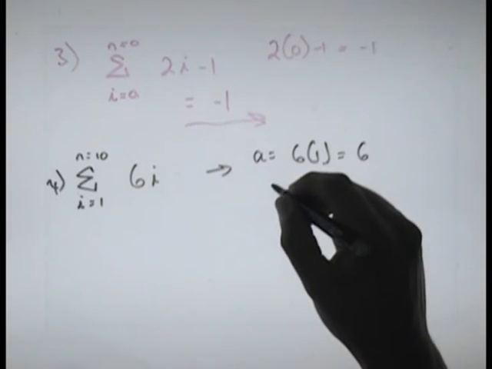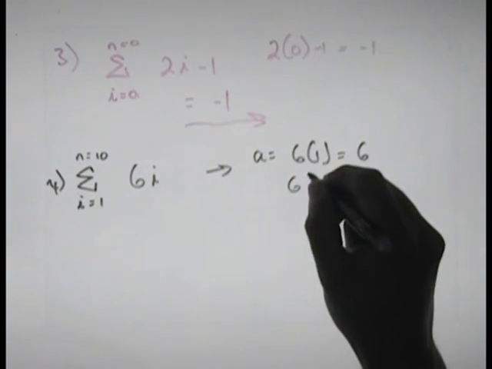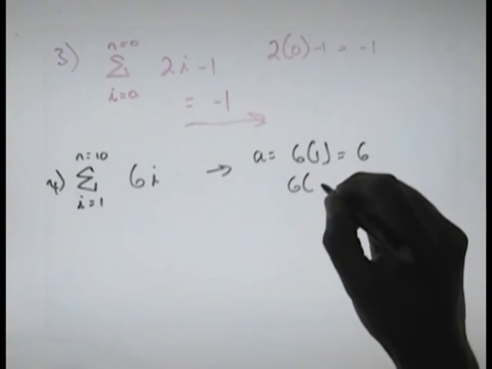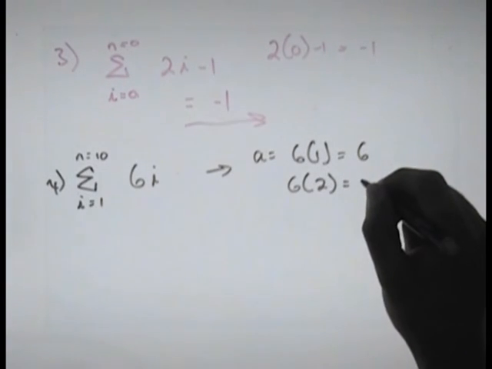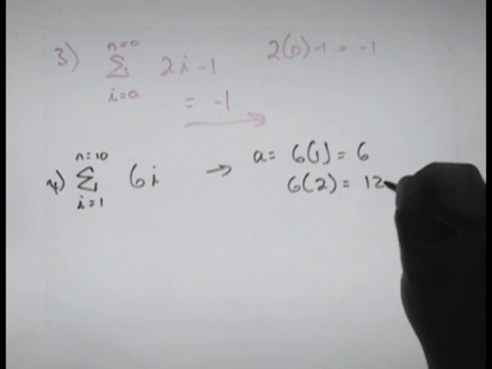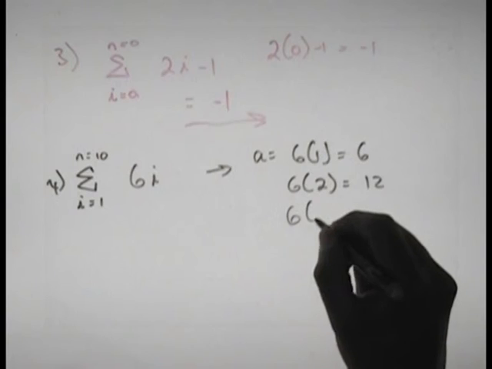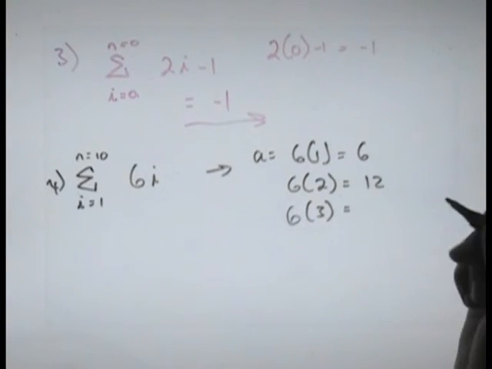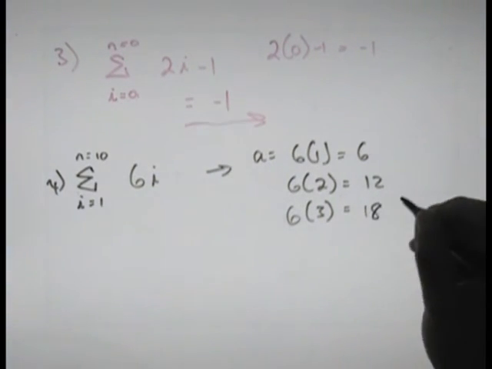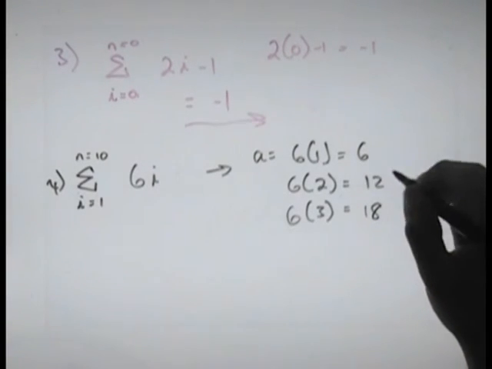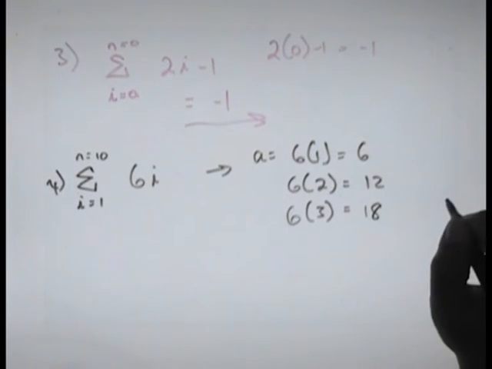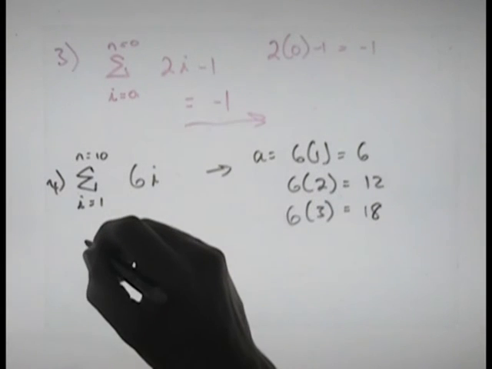Our second term is going to be 6 multiplied by 2, which is 12. Our next term is going to be 6 multiplied by 3, which is going to give us 18. Our a value is 6 and our common difference is also 6.